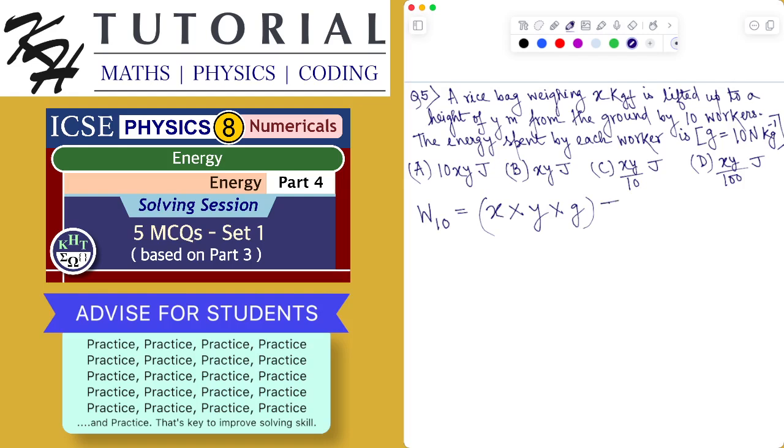So this will be this much joule. If we put the value of g as 10, this becomes 10xy joule. This is the work done by 10 workers in lifting the rice bag of mass x kilogram to a height of y meter.